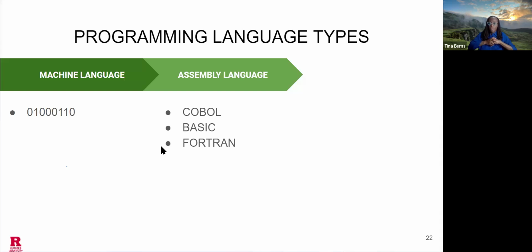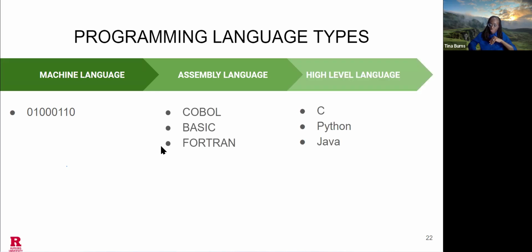But COBOL, BASIC, Fortran, these are assembly languages that were pretty popular and were used back in the day to write these programs. And then we have the higher level languages that we use today, like C, Python, Java, React, LabVIEW, C++. It goes on and on in terms of what we use for those high level languages, right? And keep in mind that the further you go up, the further you are from your actual hardware, from your actual CPU.